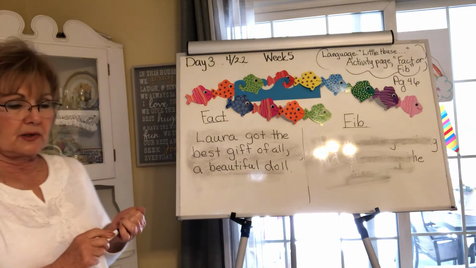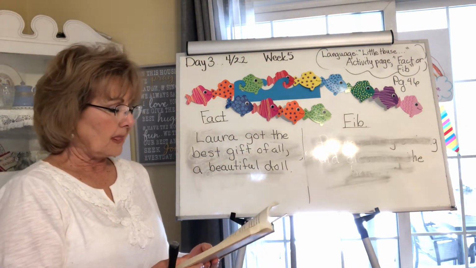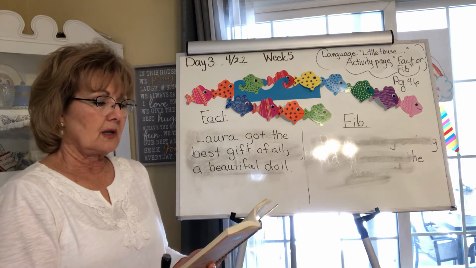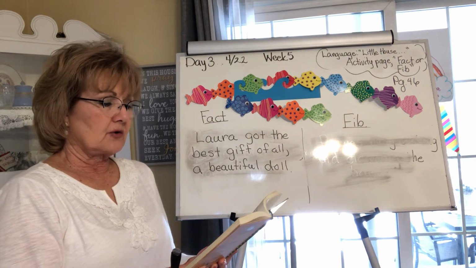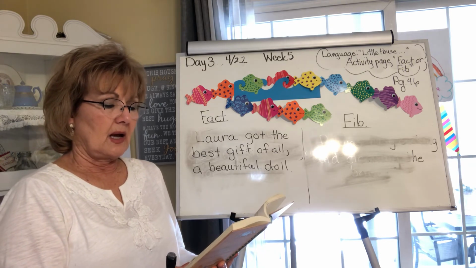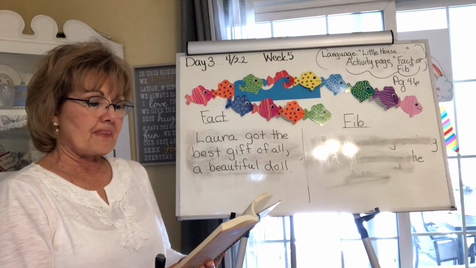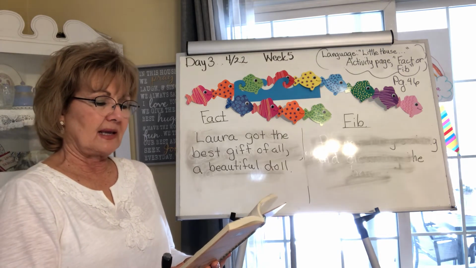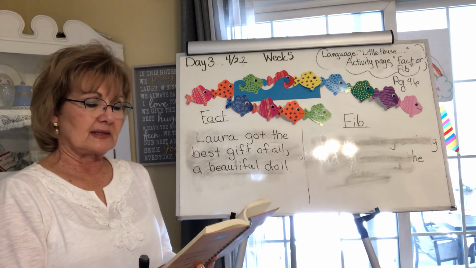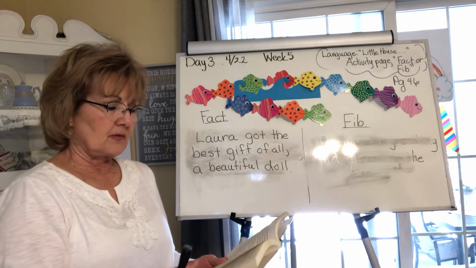Why don't you go ahead and write that down if you haven't put something of your own. Laura got a beautiful doll. Were the other children angry and jealous? No. It says the other girls were not jealous because Laura had mittens and candy and a doll, because Laura was the littlest girl except for baby Carrie. The babies were too small for dolls.